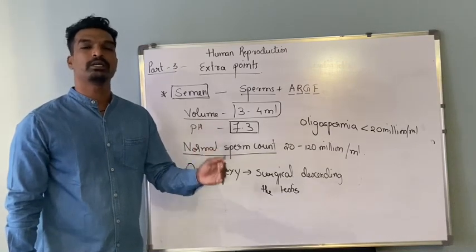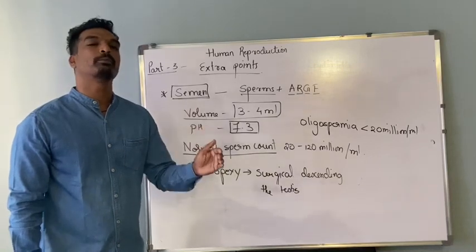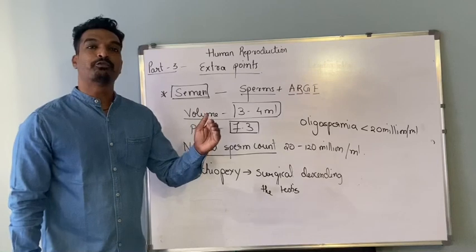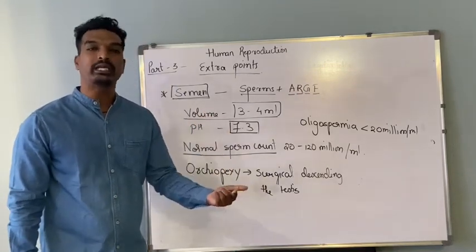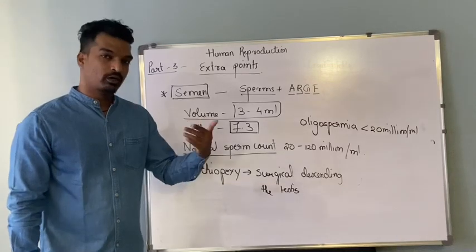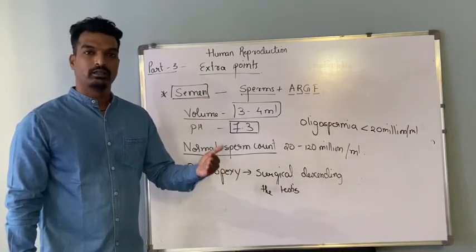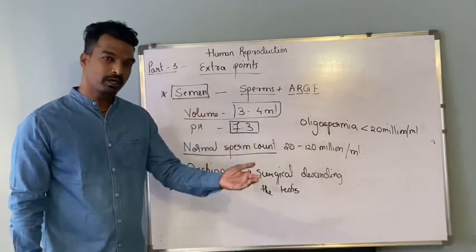The 40% at least of them should show vigorous motility. So once again, during coitus, males release 200 to 300 million sperms.